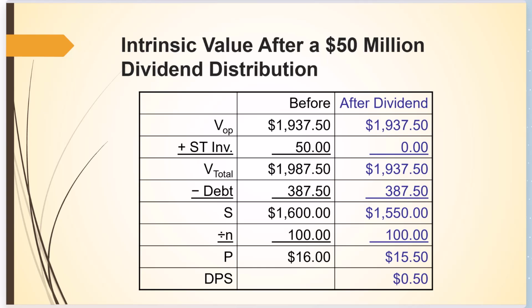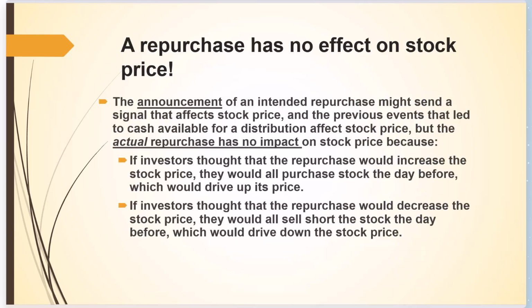Note that the stock price drops by the dividend per share in the model. If it didn't, there would be arbitrage opportunities, assuming no taxes, for shareholders to take advantage of. In the real world, stock price drops on average about 90% of the dividend itself.